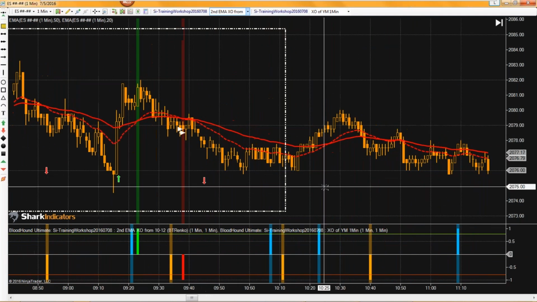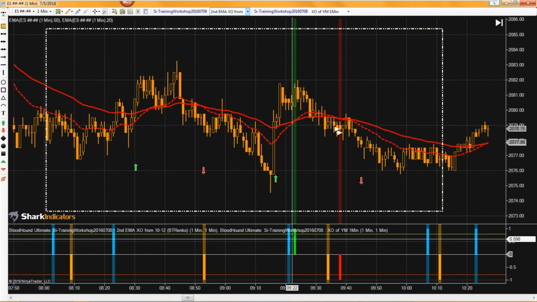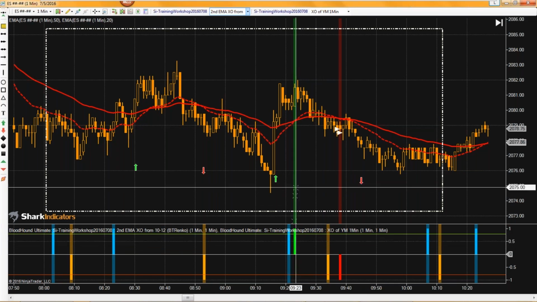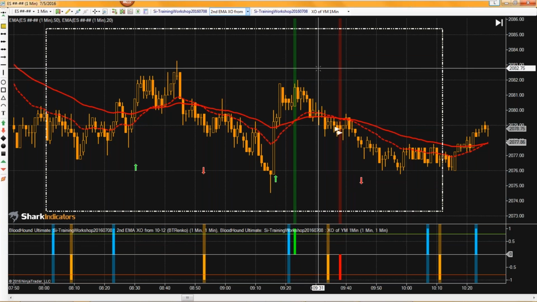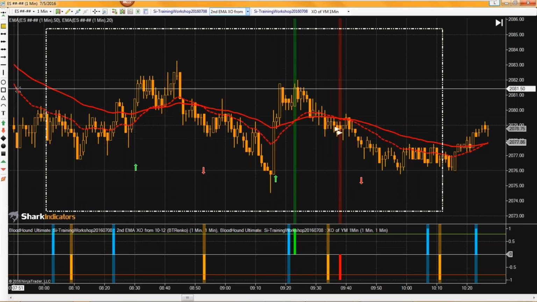Okay, so let's stretch this out. Now, unfortunately, NinjaTrader only allows one indicator on the chart to paint or shade the whole chart. So you can see the racing stripes. NinjaTrader is only going to allow one bloodhound to show its racing stripes across the whole chart.